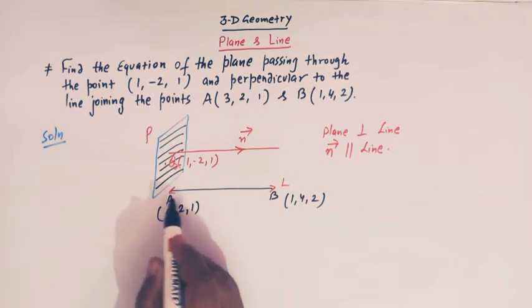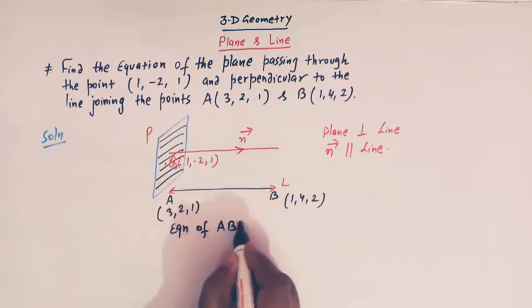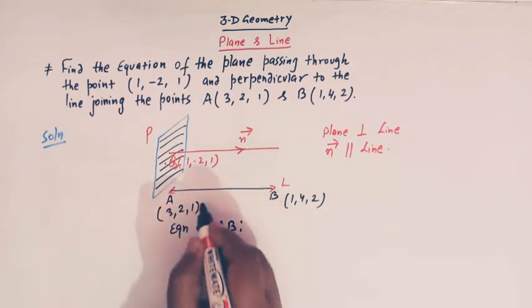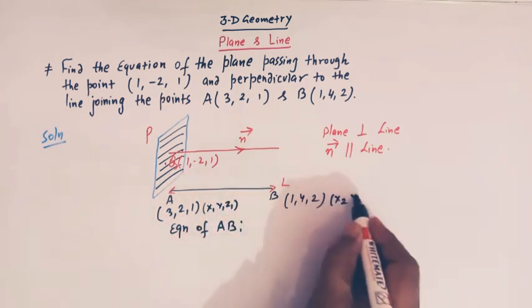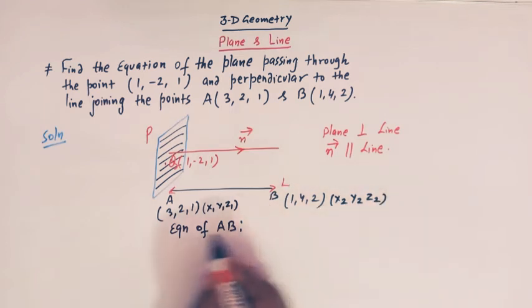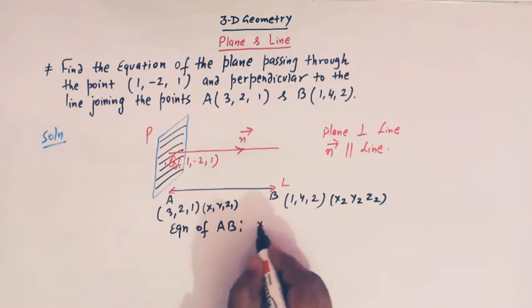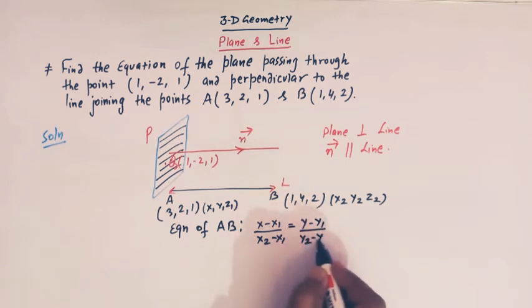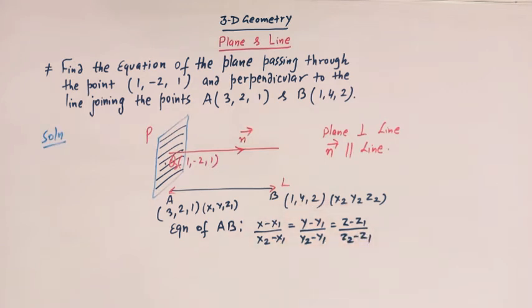Now let us first write the equation of the line AB. We know that here we are given 2 points. Say this point is (x1, y1, z1), this point is (x2, y2, z2). Then the equation of a line passing through 2 points is given by (x minus x1) over (x2 minus x1), (y minus y1) over (y2 minus y1), and (z minus z1) over (z2 minus z1).